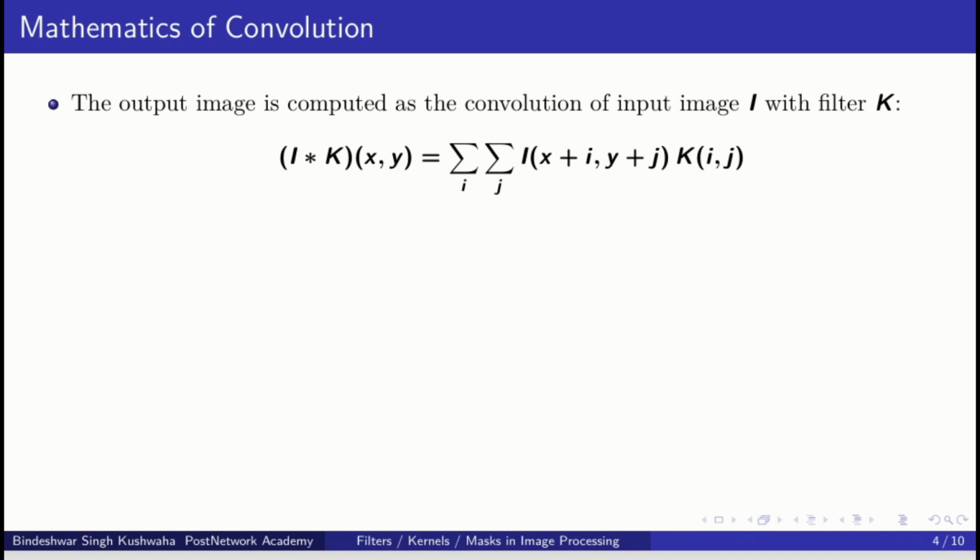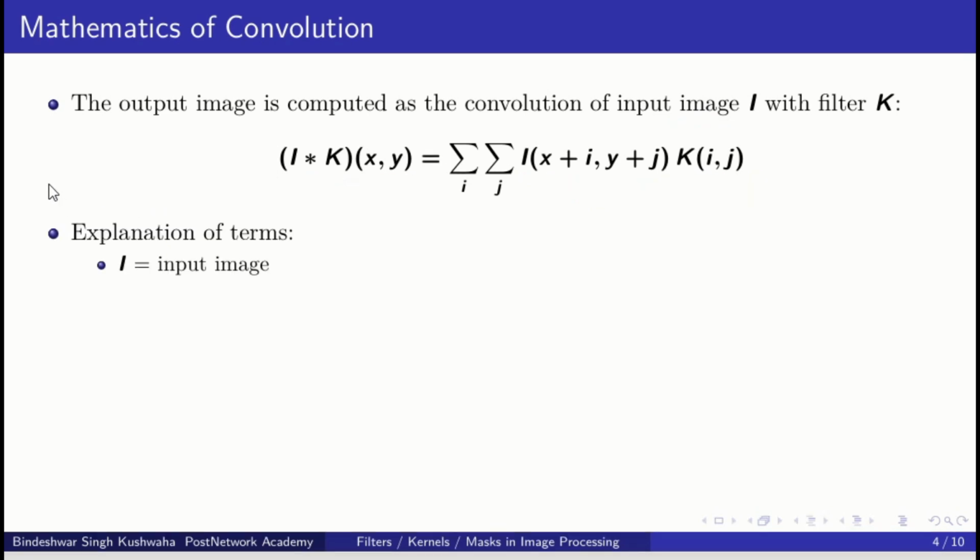Let us see what is the mathematics behind convolution. If there is an image I and a filter k, you will multiply the kernel with each pixel I(i,j), and thereafter you will get the weighted sum. That is the filter and this is the image, and this is the convolution operation, and you will sum all.